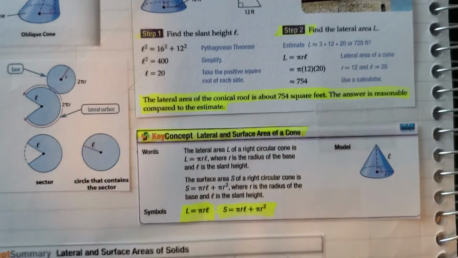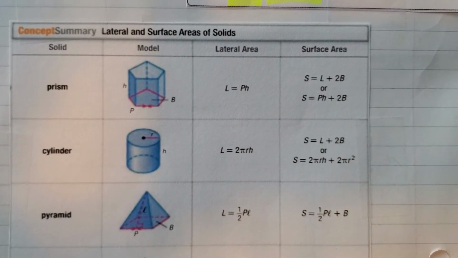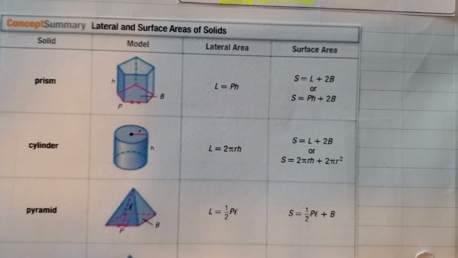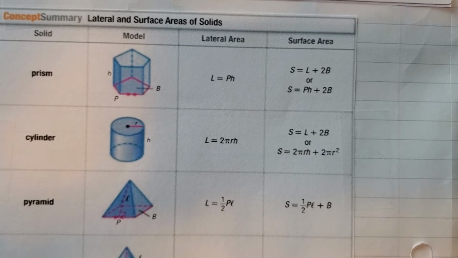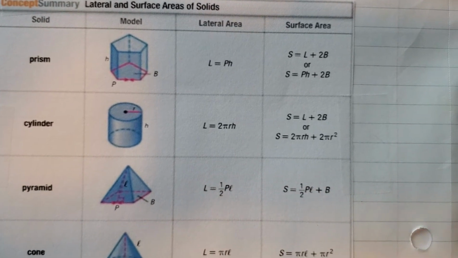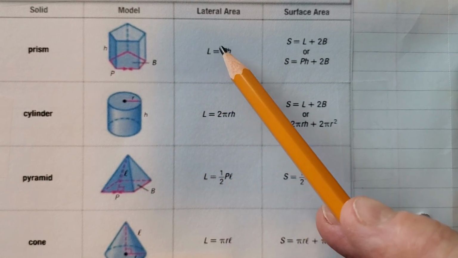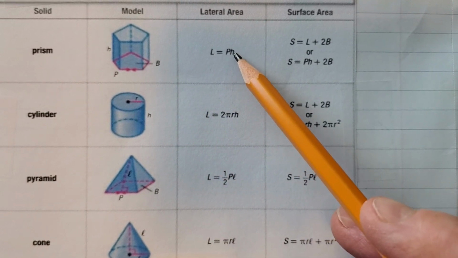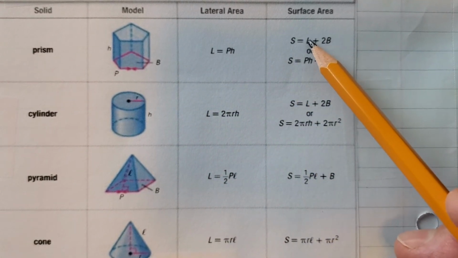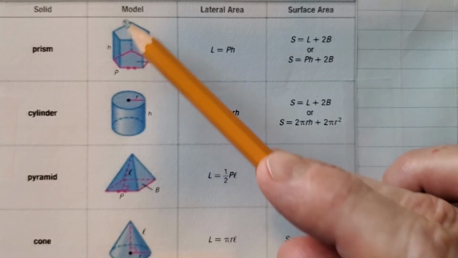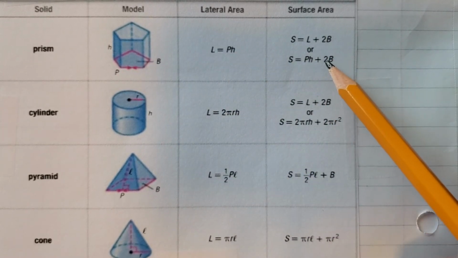Now down here I have all the different formulas. The prism's lateral area is perimeter times height, and then you add the two bases, because you have two bases.